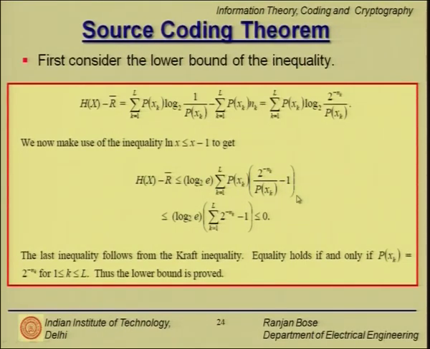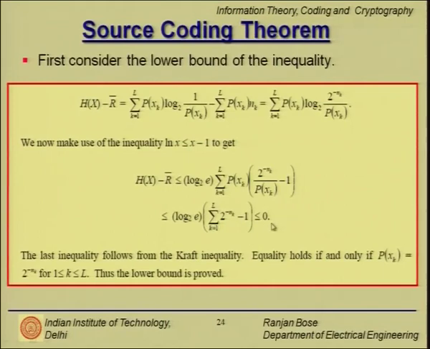And then if you take this p(x k) and multiply it out and carry out the summation, clearly the minus 1 with p(x k), all probabilities added up, adds up to 1, and p(x k) cancels out, and you have this summation k equal to 1 through L of 2 to the power minus n k, and this is clearly less than or equal to 0 from the Kraft inequality.